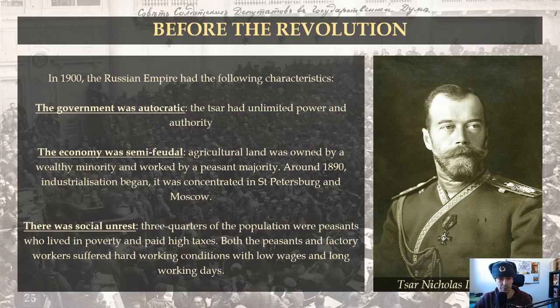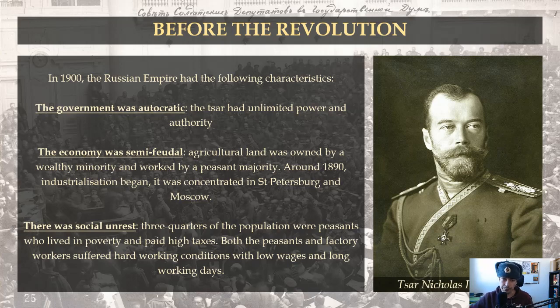Why? Because Russia was a very rural country and their industrialization started very late at the end of the 19th century and concentrated in very specific areas, in the two major cities, St. Petersburg and Moscow. And also because there was social unrest, because most of the Russian population were peasants who lived in extreme poverty and they had to pay a lot of taxes.